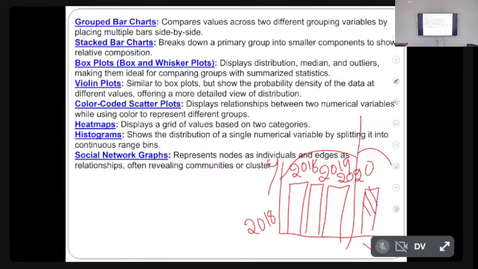It breaks down a primary group into smaller components to show relative composition.